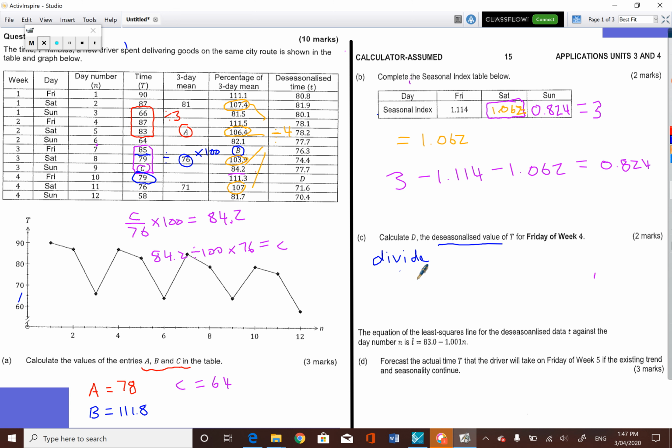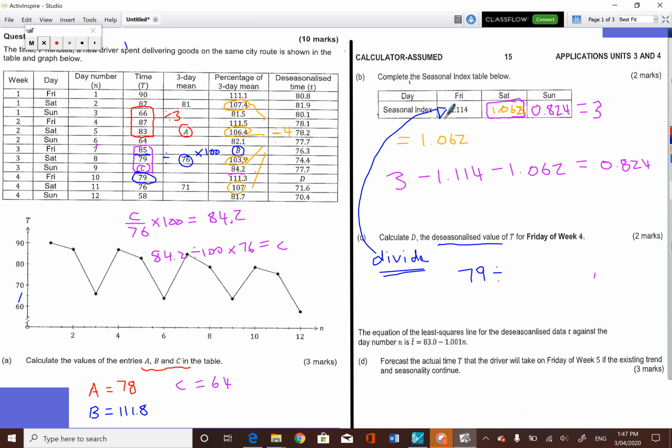So deseasonalize is divide. So we're going to get 79, and we're going to divide that by our seasonal index, which we know for Fridays up here is 1.114. Now I should mention, what does 1.114 mean?